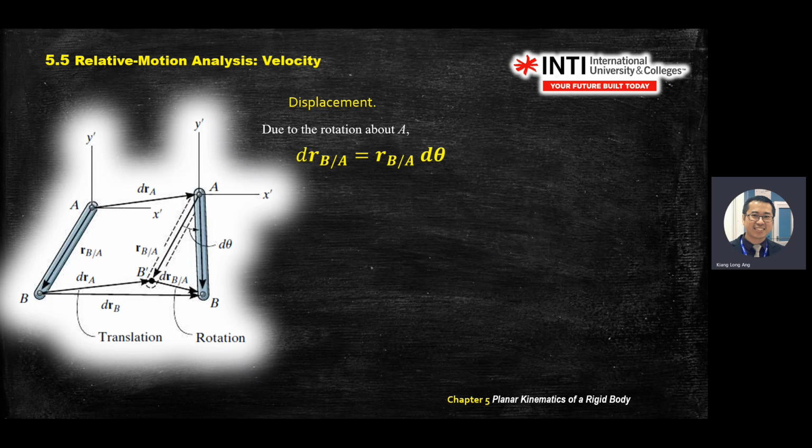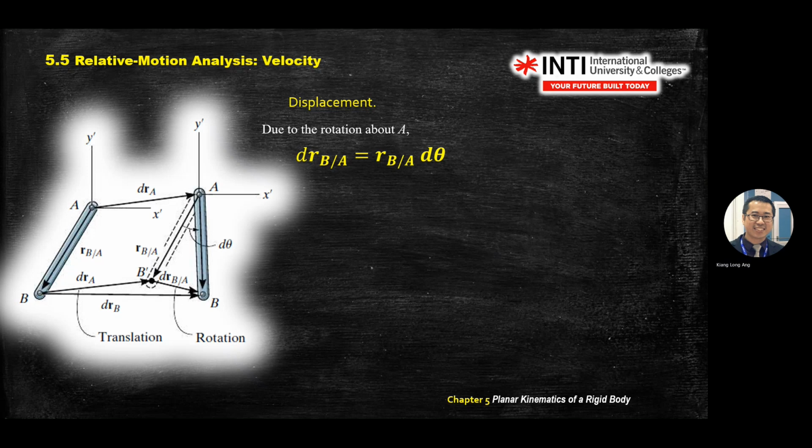So you know that this object is having a rotation at point A. So dr B stroke A is actually, when you learn the quadrant of S and R, S equal to R theta in radians. dr B stroke A is your S, this is your R. So your dr B stroke A equals R d theta.